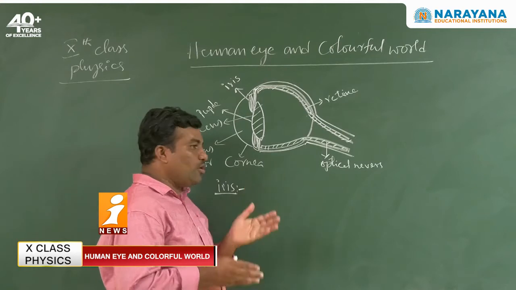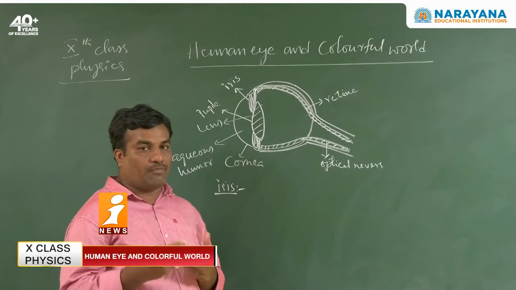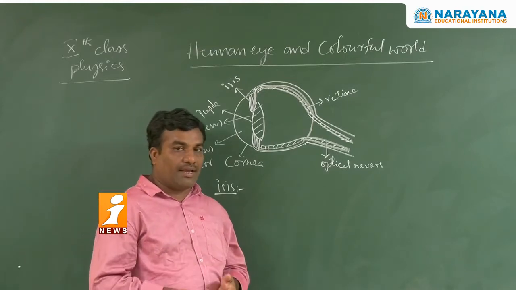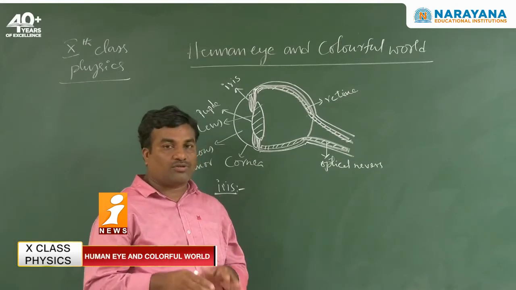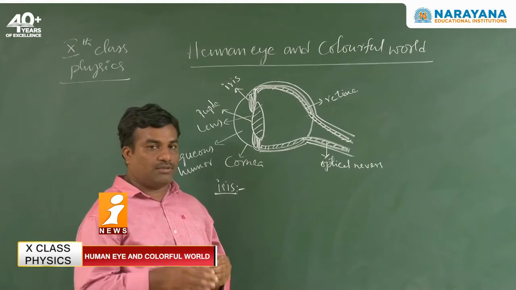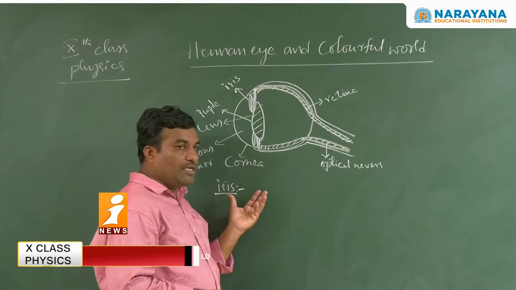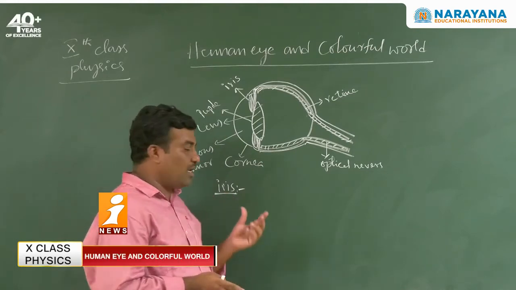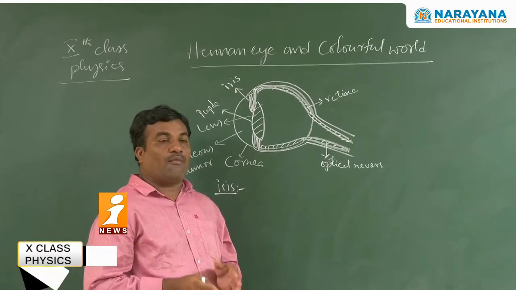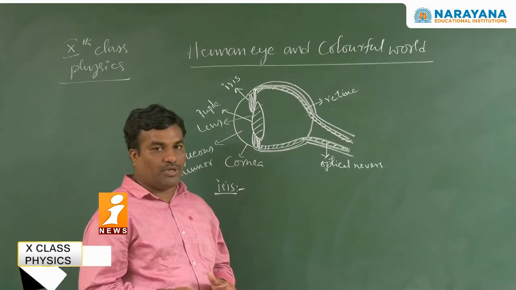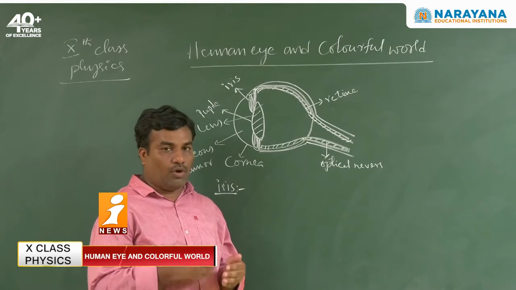So the iris controls the light intensity, for higher and lower light.